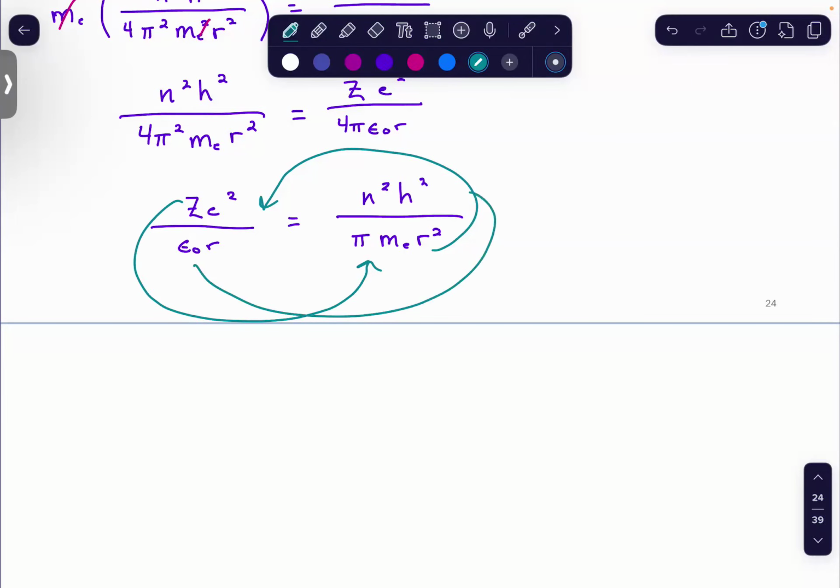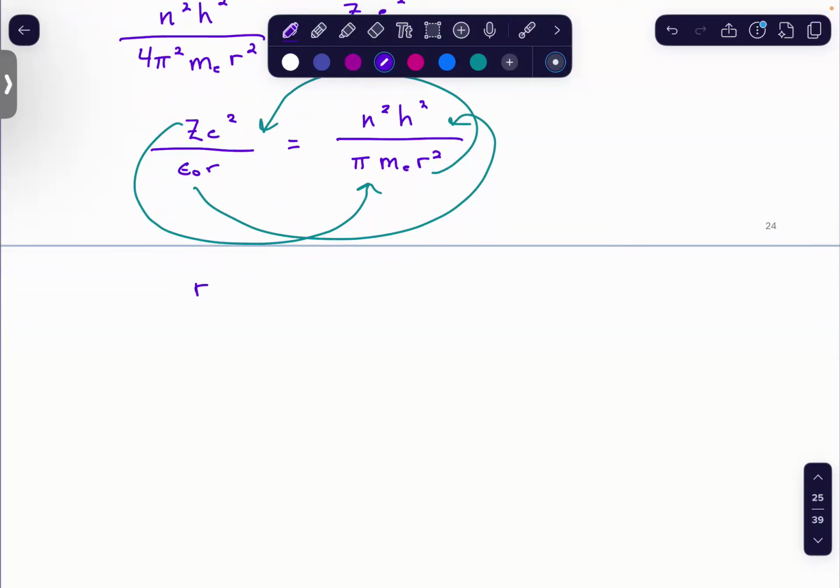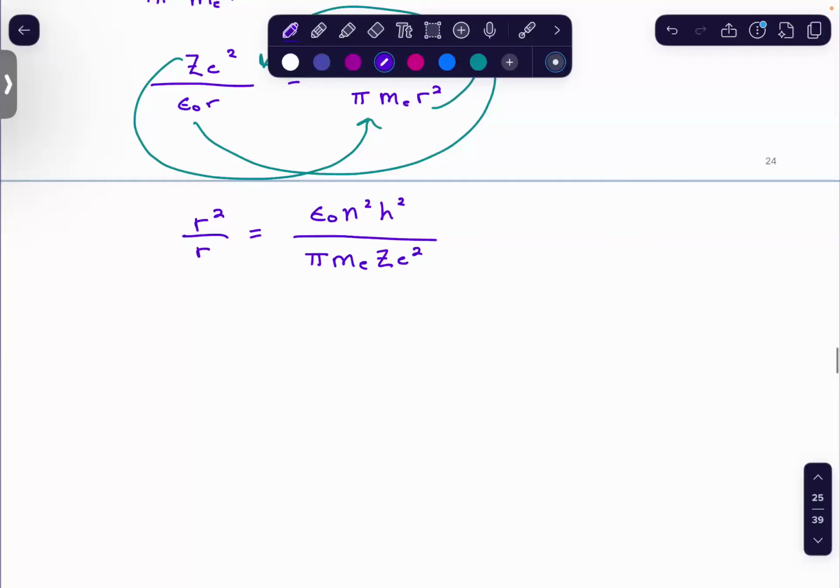I'm just not doing every step of the algebra. r squared over r equals epsilon 0 n squared h squared, and keep working with the algebra until you can do this. Pi m_e z e squared.